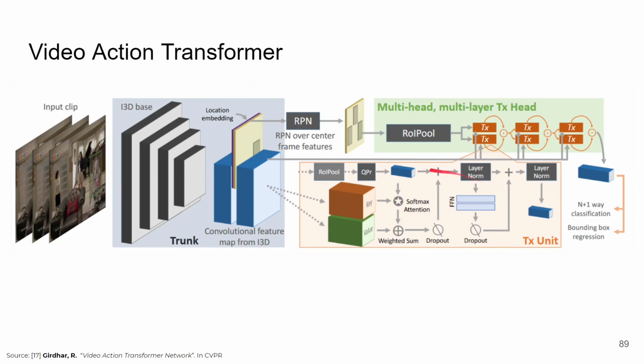With this evolved query, we attend again to the same information. By this iterative attention process, we end up with a query representation that is good enough to classify the action, but also to regress the position of the bounding box where the action was happening.